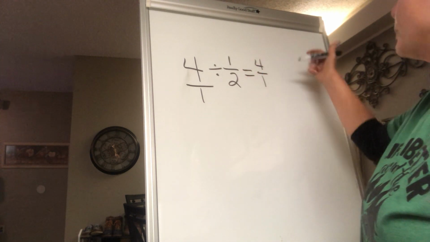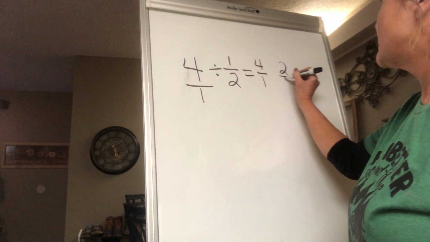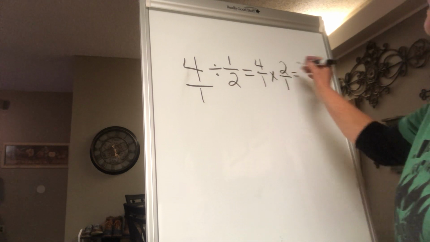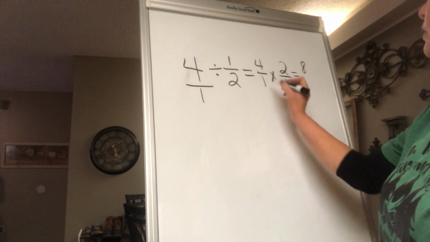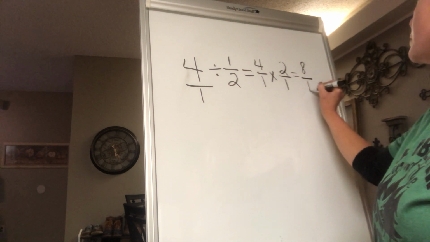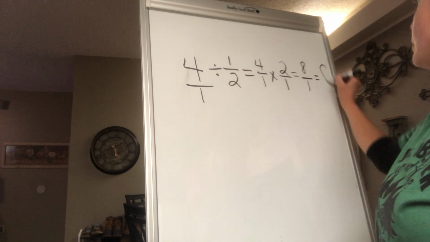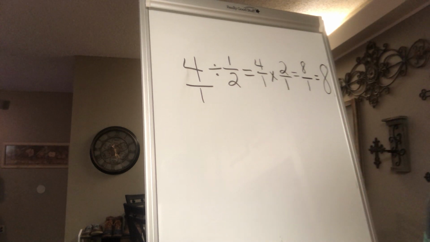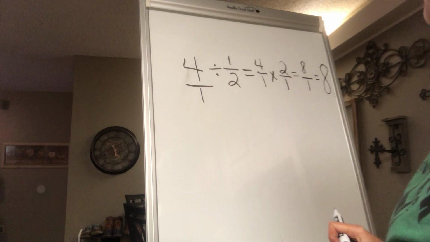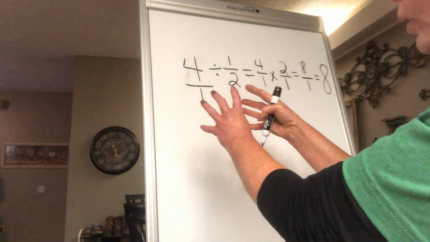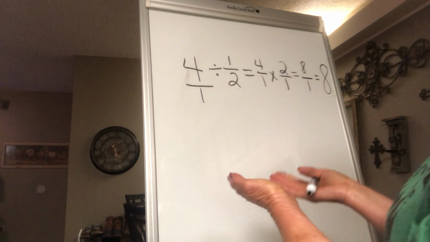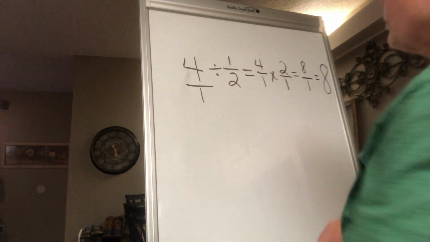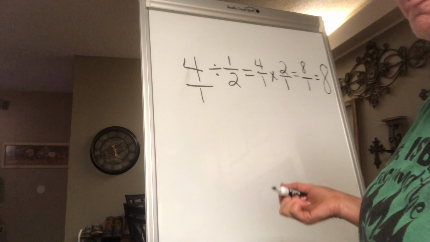We flip or get the reciprocal of the second, and then we multiply. 4 times 2 is 8. 1 times 1 is 1, and 8 over 1 is 8. And this is a reasonable answer. I knew that if I was taking 4 whole ones and splitting each of those in half, then I would end up with more. I'd end up with a higher number.